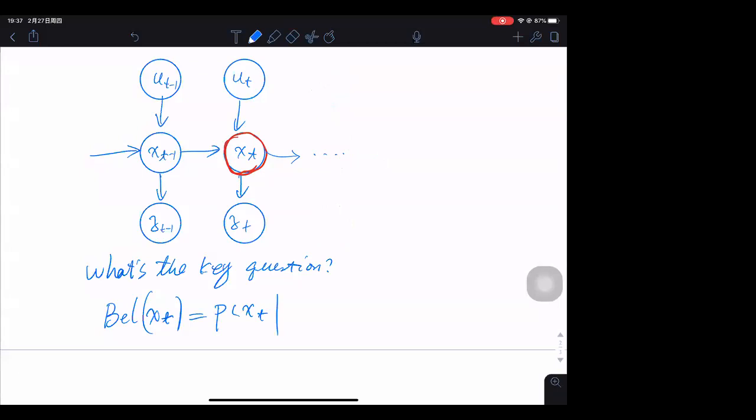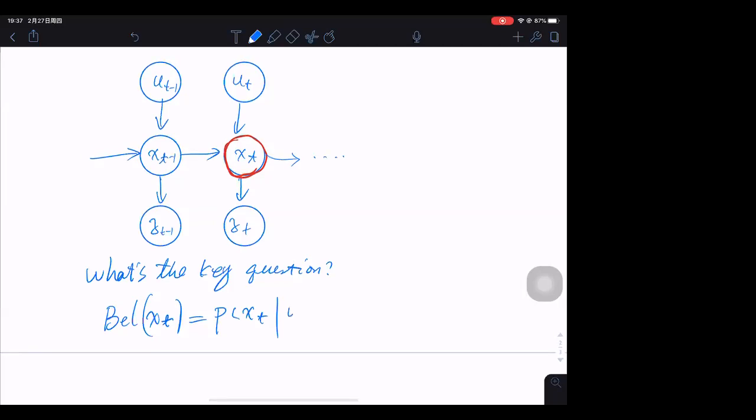Given everything you have observed in the past. That means you have all the u's and all the z's as a vector. It is u and z, they will range from time 1 to time t. Let me rewrite that.